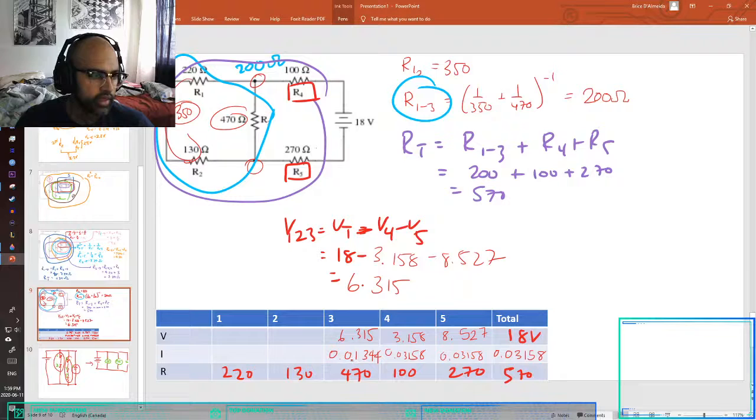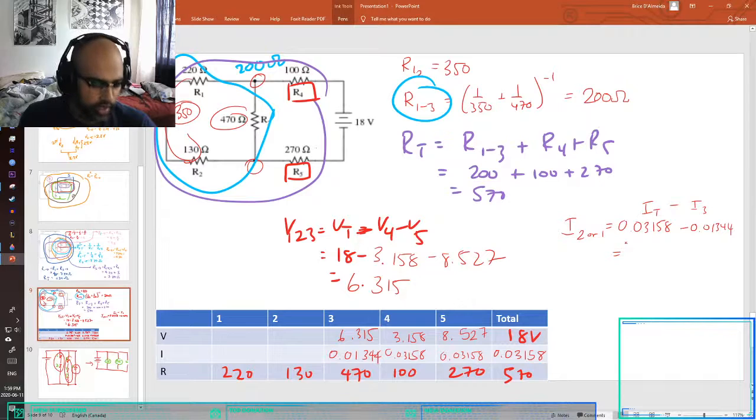Then, what do I do? Right. So then these two get the remainder. 0.0315. Okay, so then to get the current at 2 or 1, that's equal to 0.03158, the total current, minus the current going through 3, minus 0.01344.